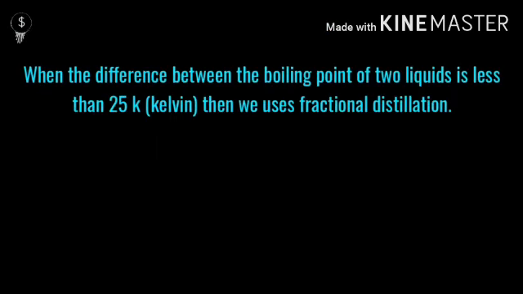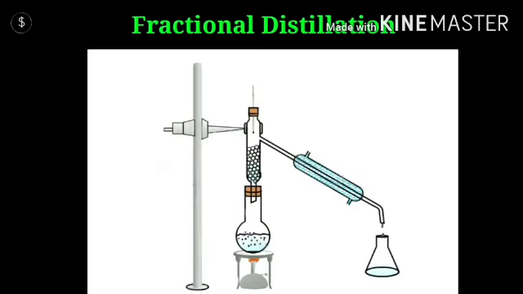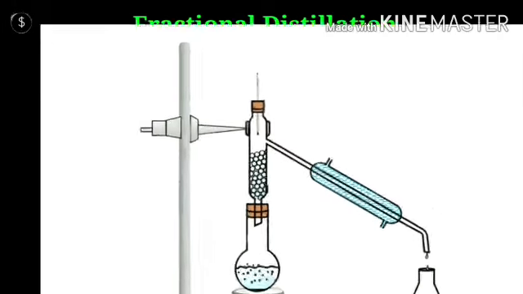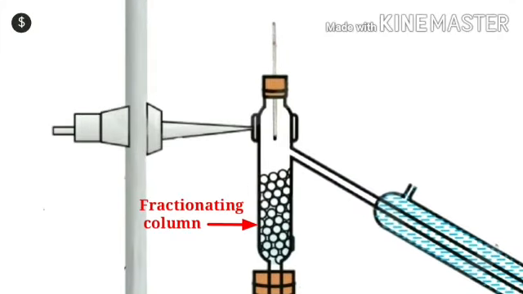Now we have the fractional distillation method. When the difference between the boiling points of two liquids is less than 25 Kelvin, then we use the fractional distillation method. Remember this: the difference in boiling point should be less than 25 Kelvin. Now, the only difference is that a fractionating column is added.